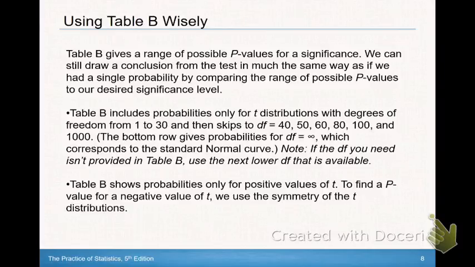The bottom row gives probabilities for degrees of freedom of infinity, which corresponds to the standard normal curve. If the degrees of freedom you need isn't in the table, then you need to use the next lower degrees of freedom that's available. And Table B shows probabilities only for positive values of t. To find a p-value for a negative value of t, we use the symmetry of t distributions.